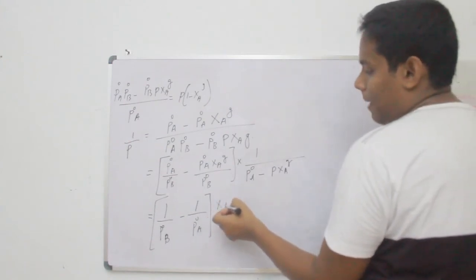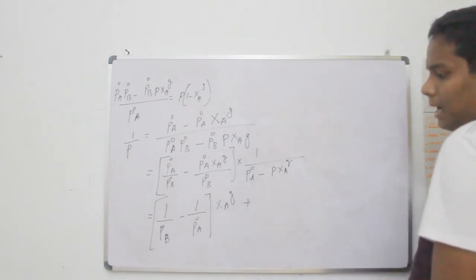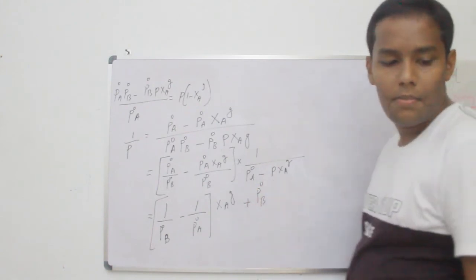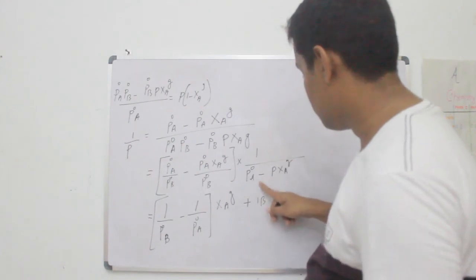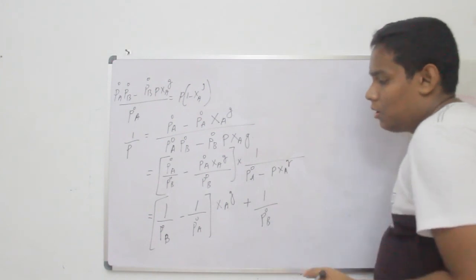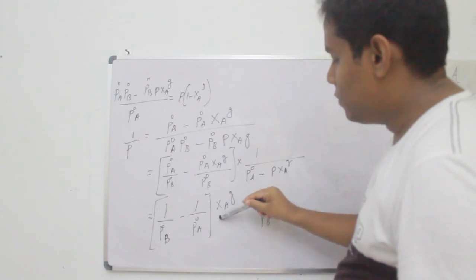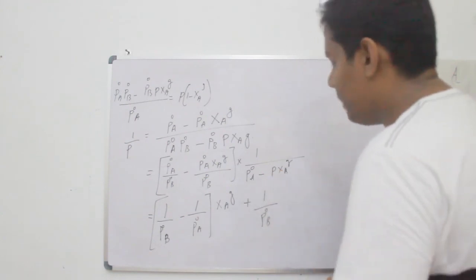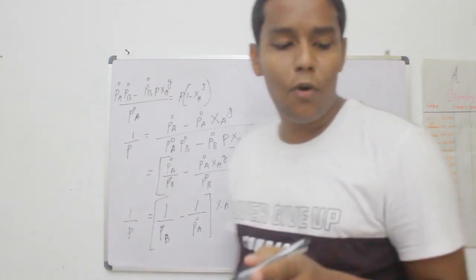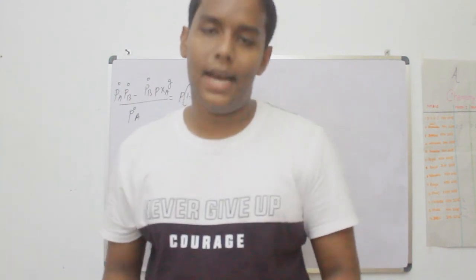Then it will be multiplied by XAG plus 1 over P0 B. So it is 1 over P0 B minus 1 over P0 A into XAG plus 1 over P0 B. This is the answer for 1 over P. So your answer for question number 10 is answer number 2.